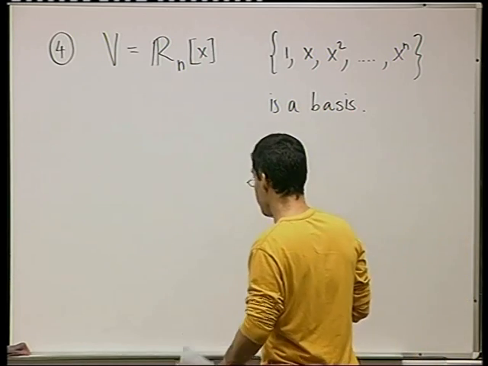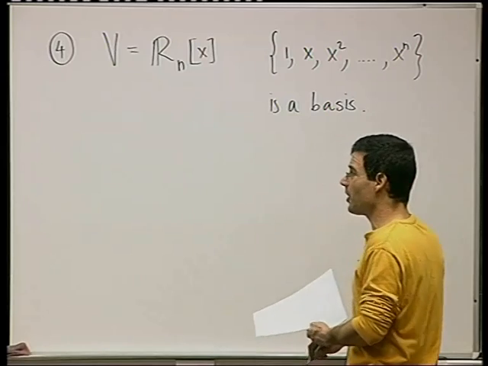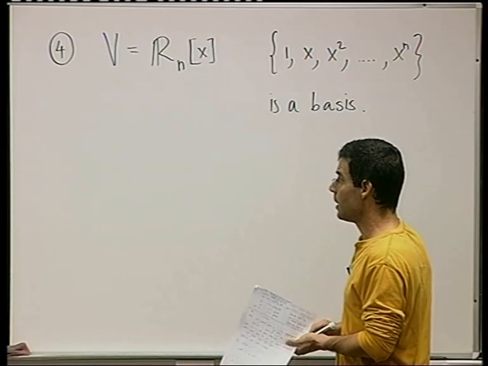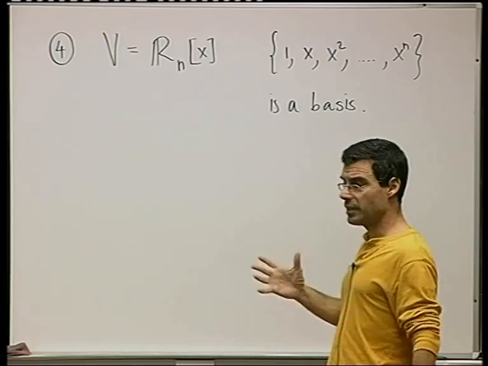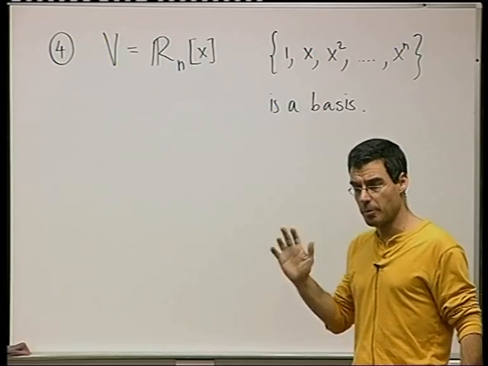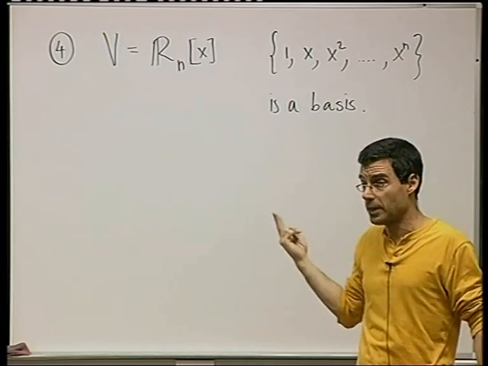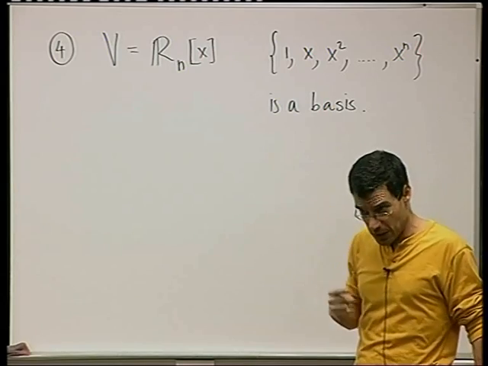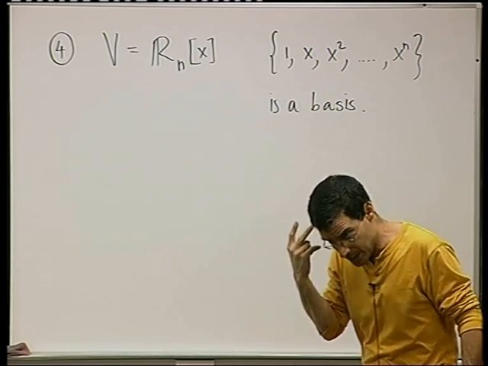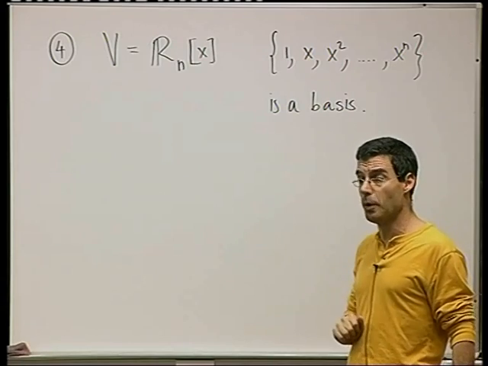Okay, so a quick summary of the examples that we had. One, checking that something is a basis amounts to nothing more than checking if it satisfies the two properties in the definition. Is it a linearly independent set? And does it span everything? We know how to do both of these.